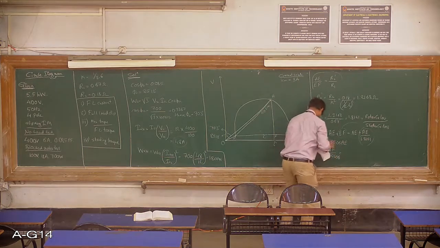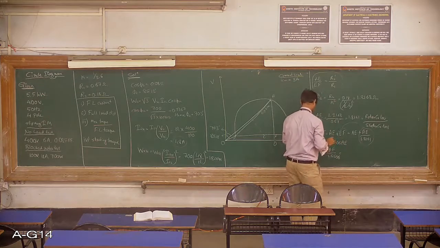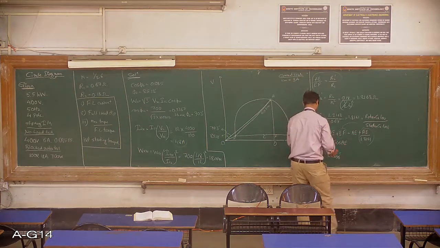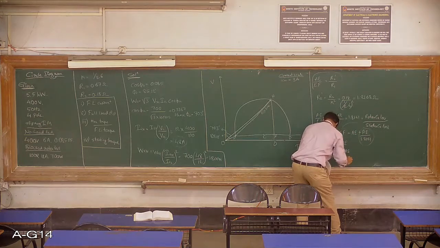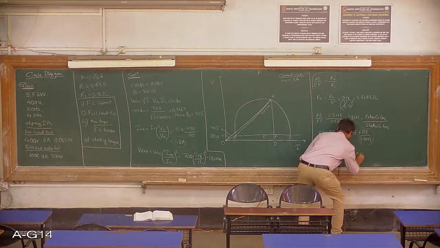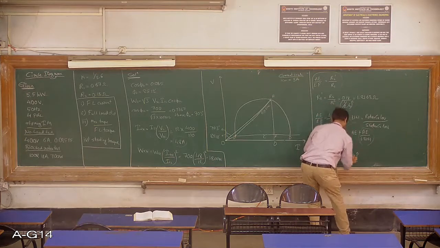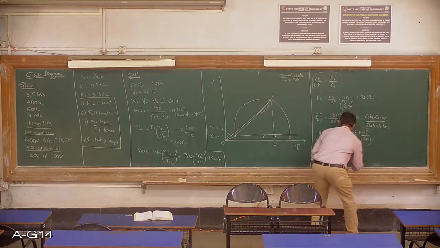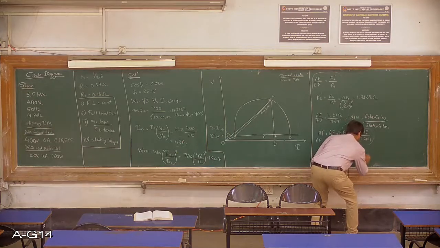So AE by AF is equal to 1 upon 1.5506, which is equal to 0.644.